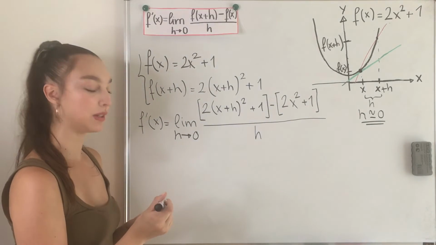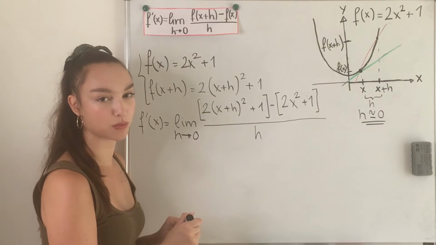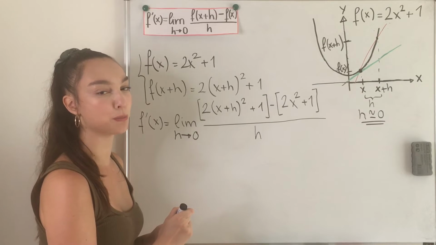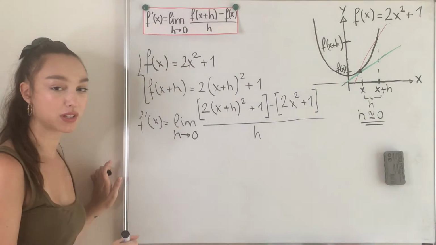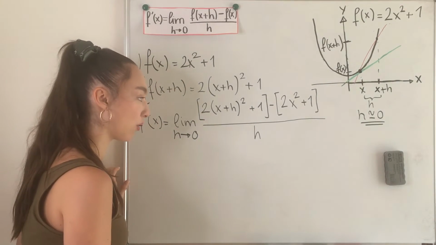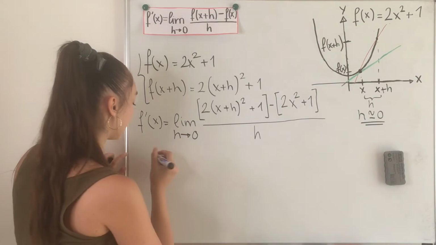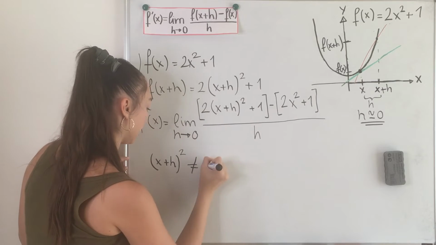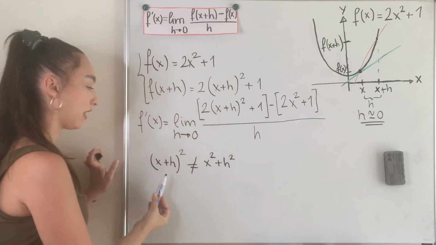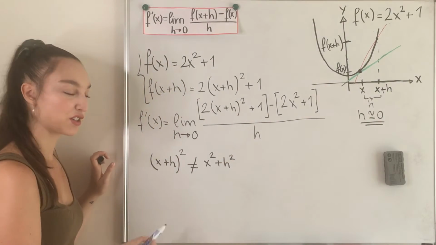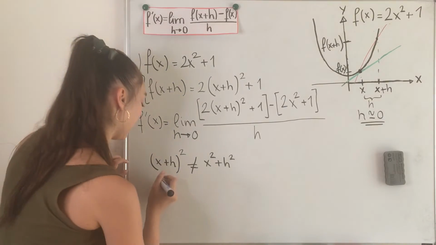Now, please always use brackets just to make your life easier and try to avoid mistakes. A big mistake that I hope you guys already know about, but it could be a disaster. This is not this, okay? It's not the same thing.